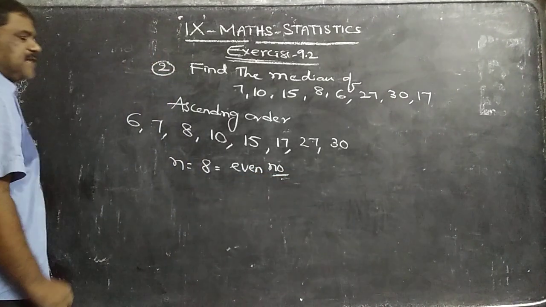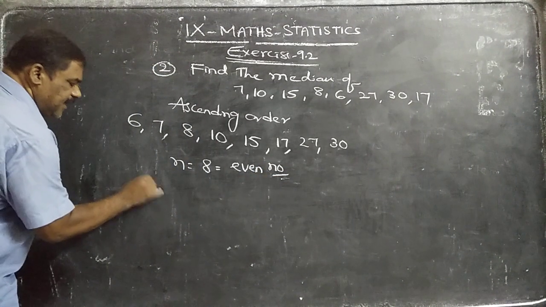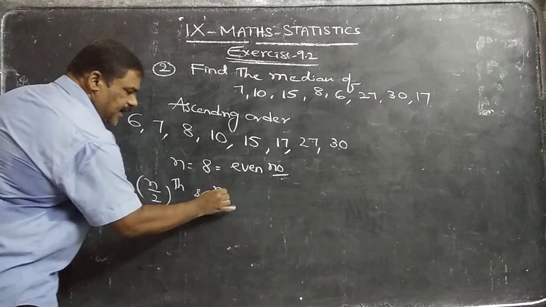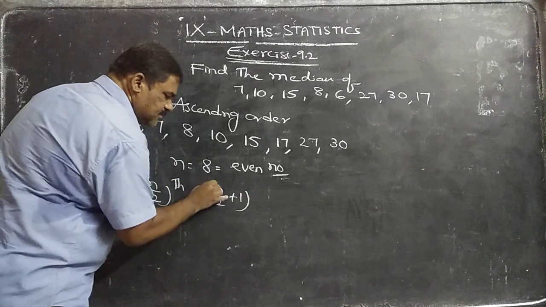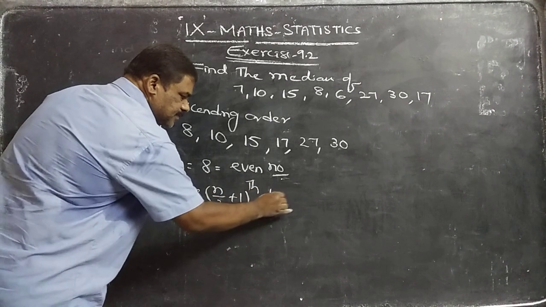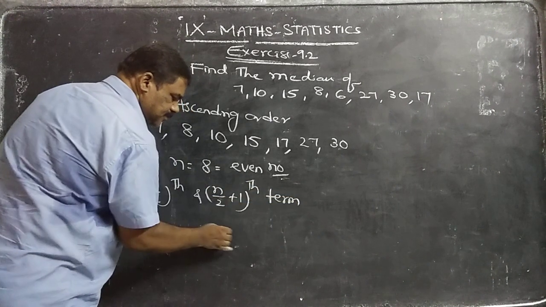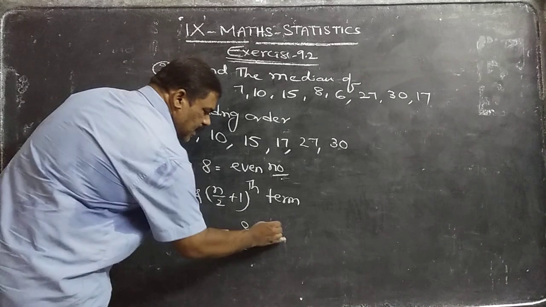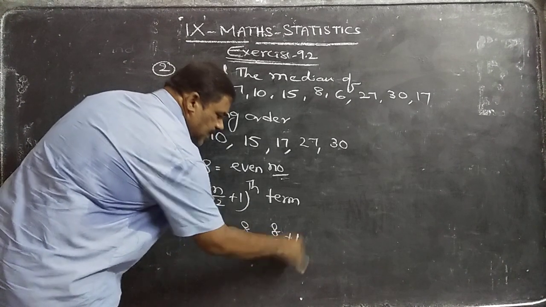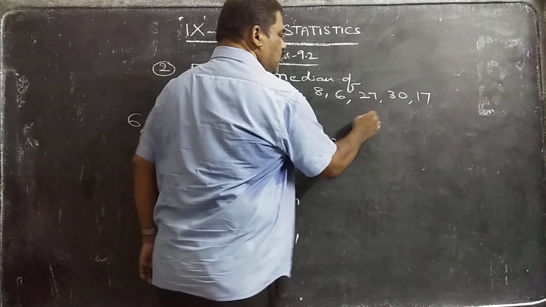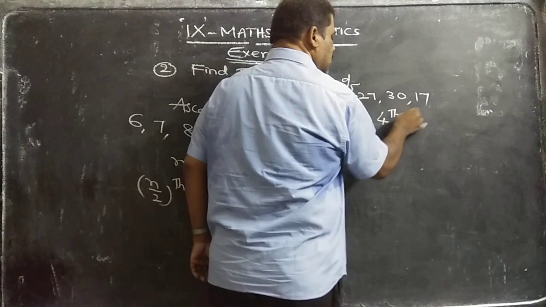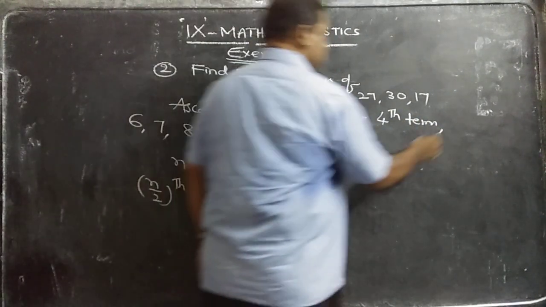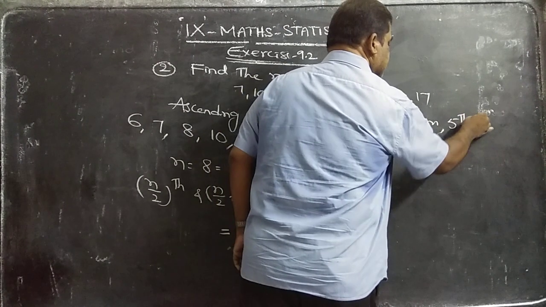If the number of observations is an even number, then the n by 2 and n by 2 plus 1th terms you have to take. n by 2 means 8 by 2 and 8 by 2 plus 1. 8 by 2 is 4. 8 by 2 plus 1, that is the 5th term.